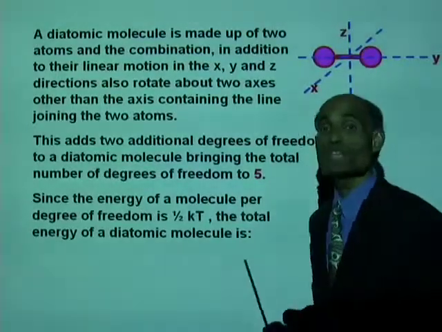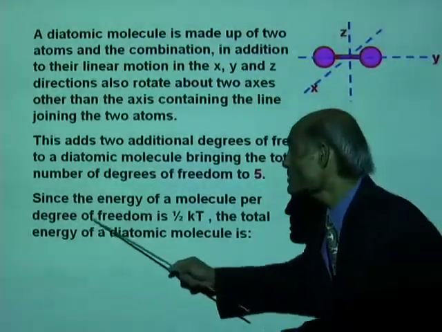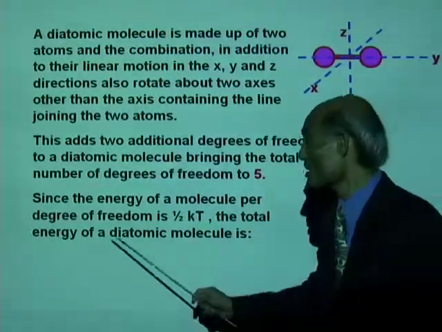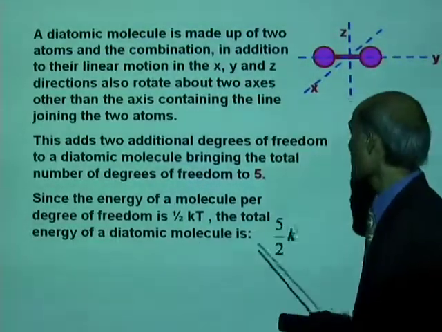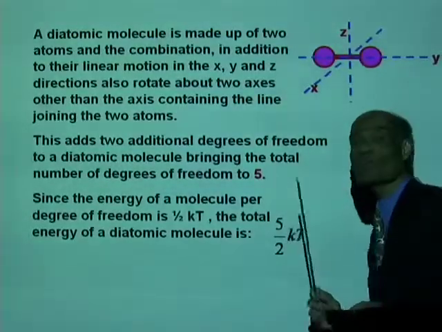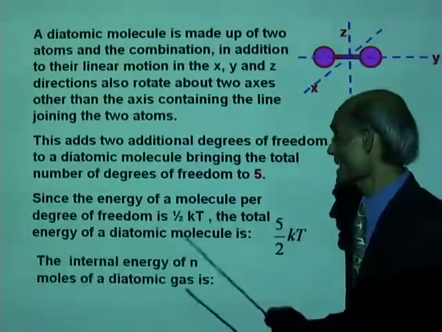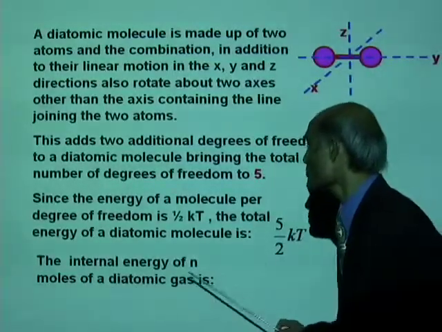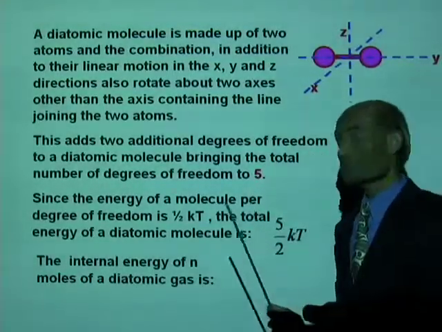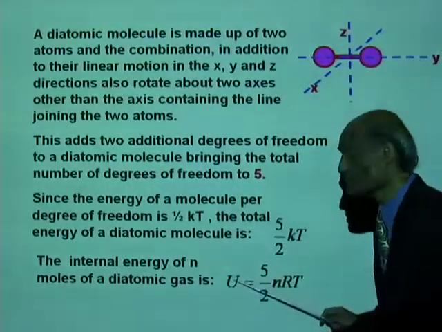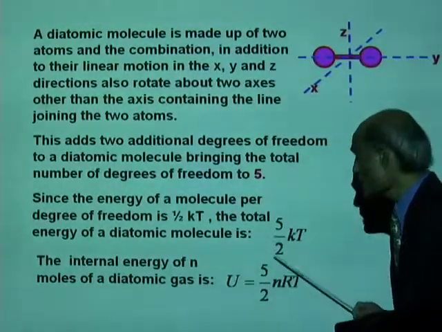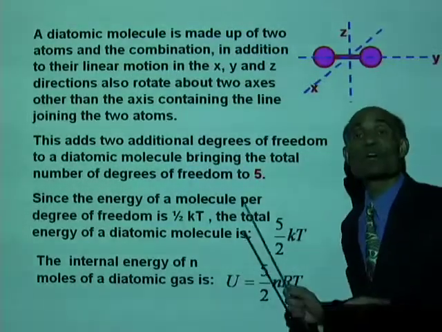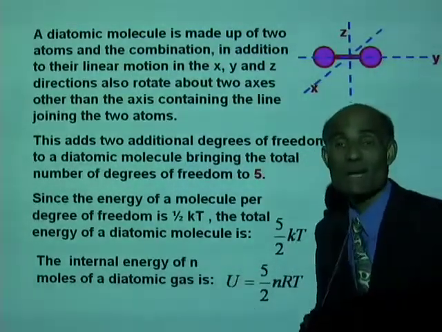Since the energy of a molecule per degree of freedom is 1/2 kT, the total energy of a diatomic molecule is 5/2 kT. Now, the internal energy of n moles of such diatomic molecules will be 5/2 nRT. You see, look at the correction we are now applying.